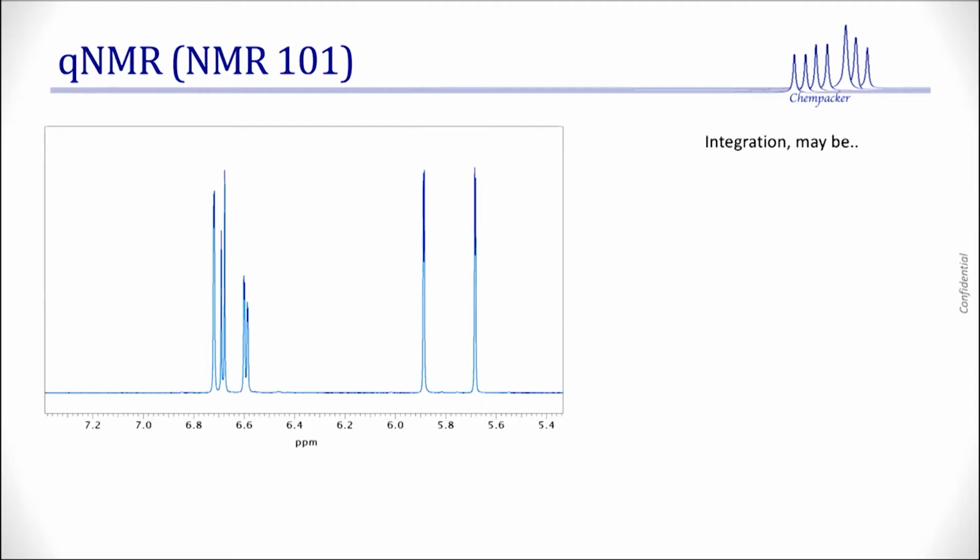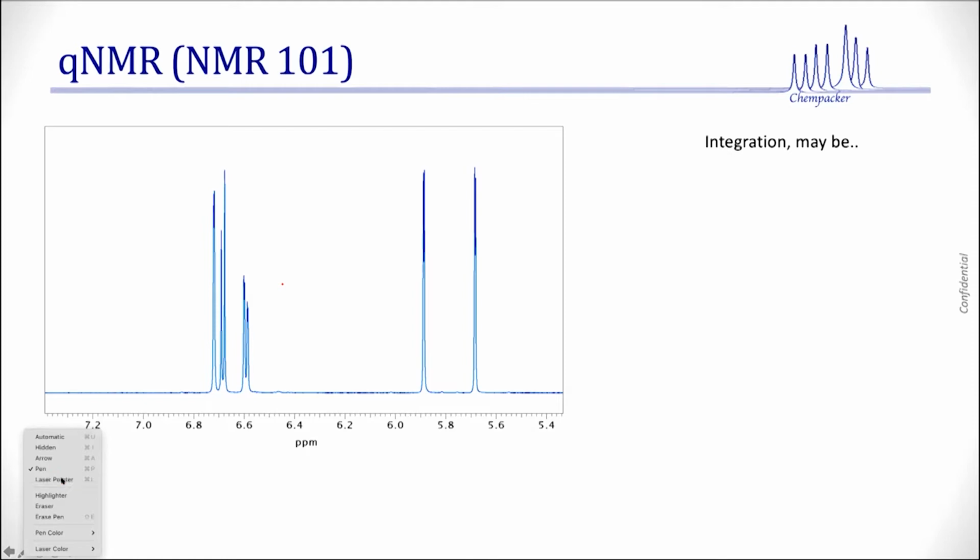So let's say you want to do a peak area or integration, something like that. Let us take a look at something like this. If you have a peak like this, you will do an integration.